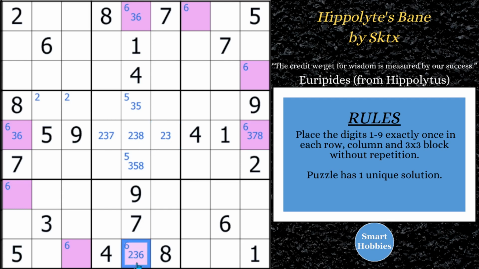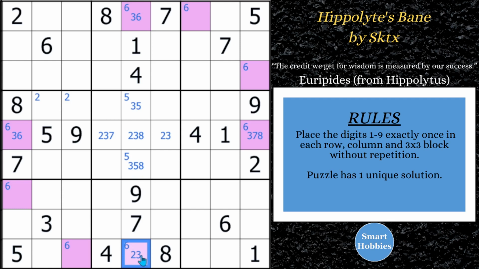Whenever you have 2 weak links in a row or 2 strong links in a row, it's a discontinuous loop. And what we can do about that is, since the weak link is in here and the weak link is to the 6 and then to the 2, you can eliminate the 6 from right here.